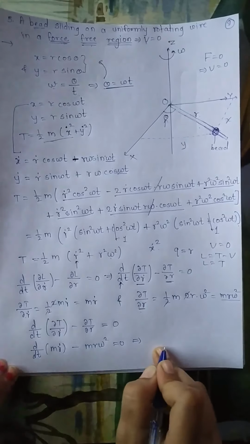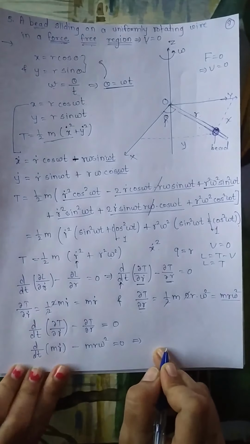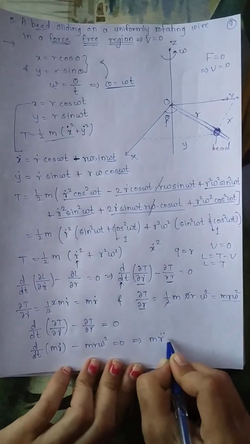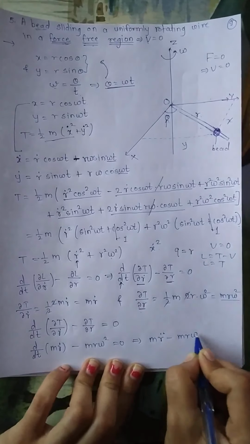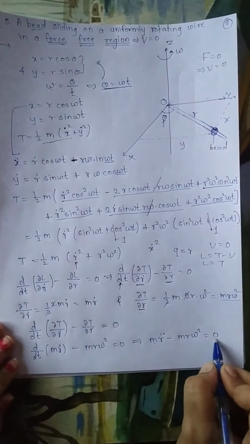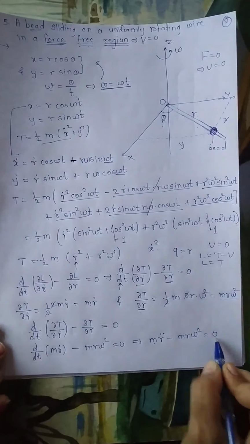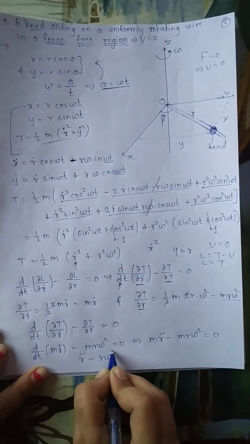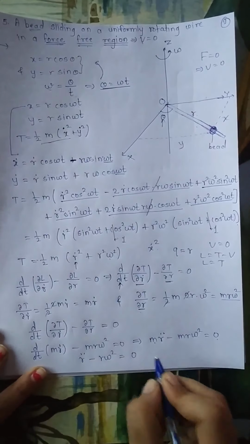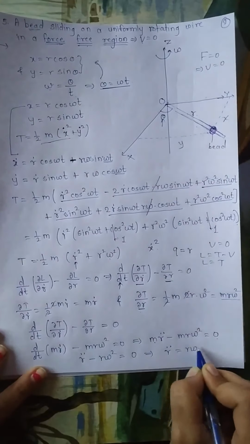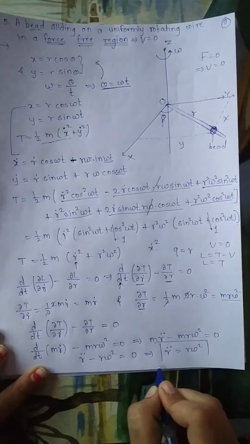This implies the derivative of m r dot with respect to time will be m r double dot minus m r omega square equals 0. If we take m common and move the term to the RHS, we get r double dot minus r omega square equals 0, and from this I can write r double dot as r omega square.